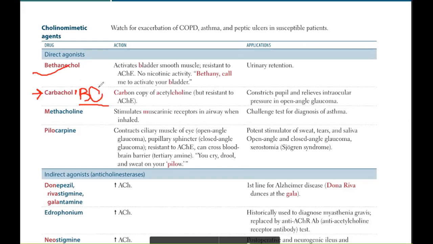But it also works on the eye. You can make it BCE, or you can make ABC with A for the eye. Just make any mnemonic you want; it's not a hard and fast rule. But I just want to tell you that carbachol works on both muscarinic and nicotinic receptors.